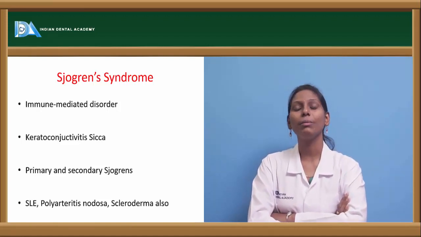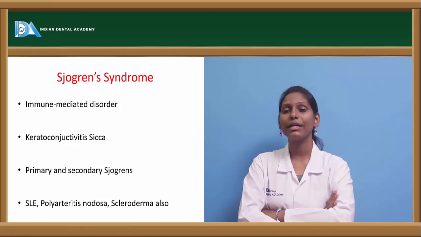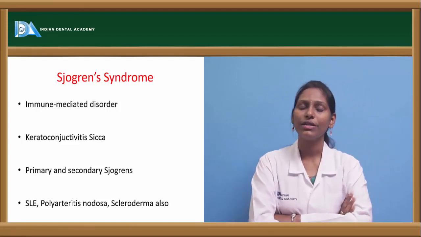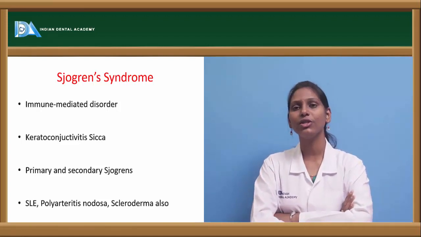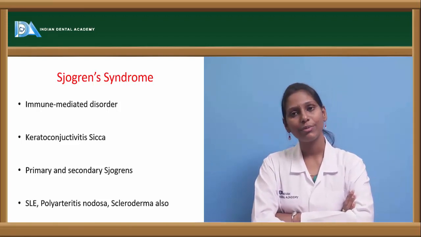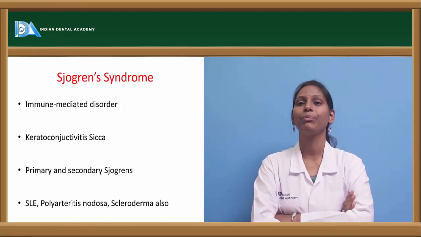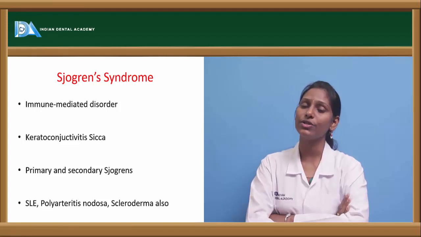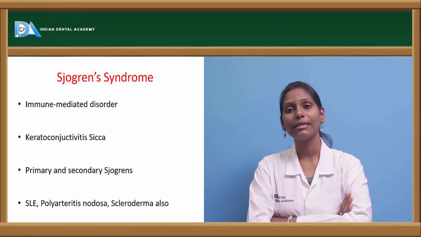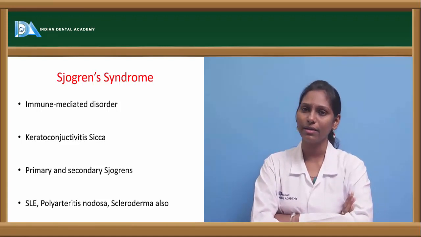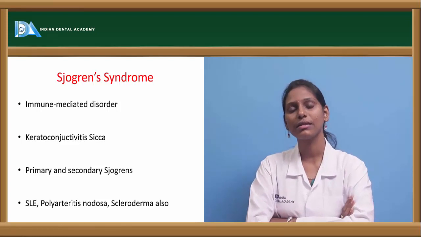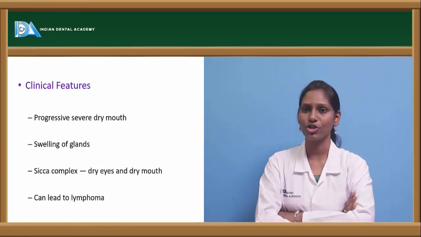And when you're talking about primary Sjogren syndrome, also called keratoconjunctivitis sicca or sicca syndrome, usually there will be dry eyes and decreased salivation. Can be either hyposalivation or complete xerostomia. And secondary Sjogren syndrome is usually associated with other conditions such as rheumatoid arthritis and other rheumatic diseases, like you can also see SLE, polyarteritis nodosa, scleroderma associated with secondary Sjogren's.